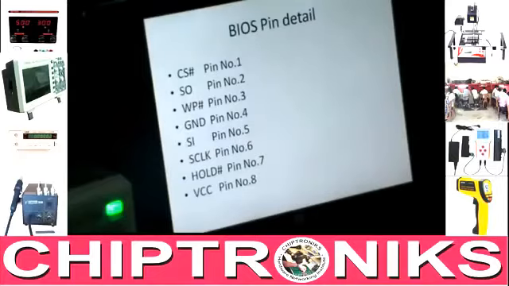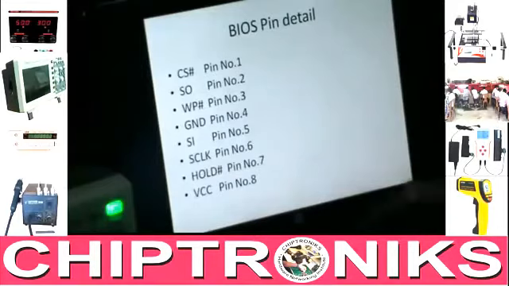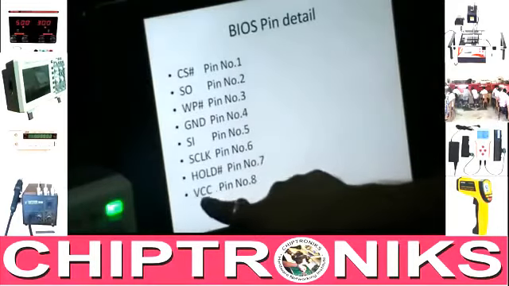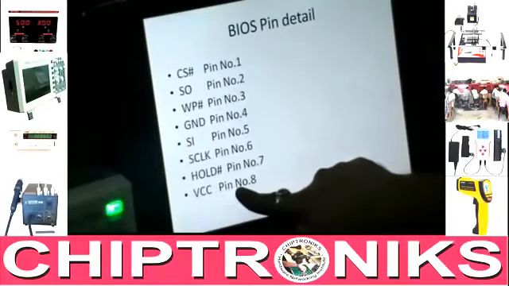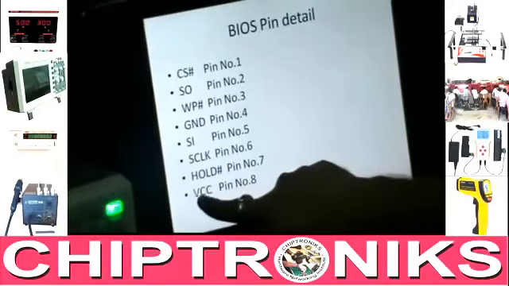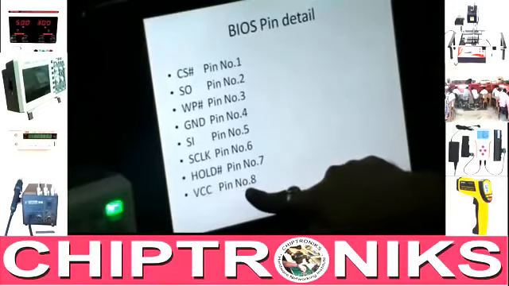Now if you need to check whether the BIOS is faulty or good, or whether it will work or not, you need to check VCC pin number 8, because this is the main input voltage pin.